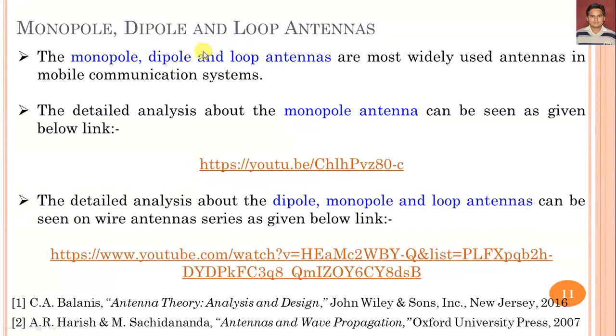And a more detailed analysis of the monopole, dipole and loop antenna, in which we have categorized the infinitesimal dipoles and small dipole, then the finite length dipole, in which we take the length of the dipole equal to lambda by 2, and then the lambda by 4 antenna. Then in lecture 5 of this series we discuss the small circular loop antenna.